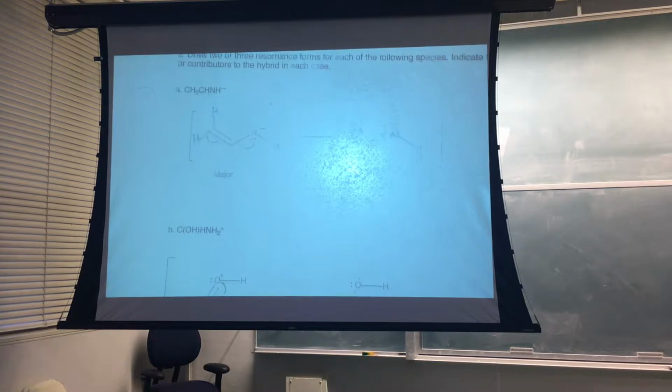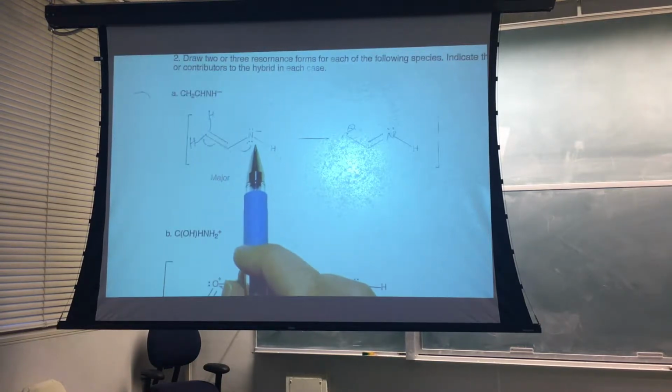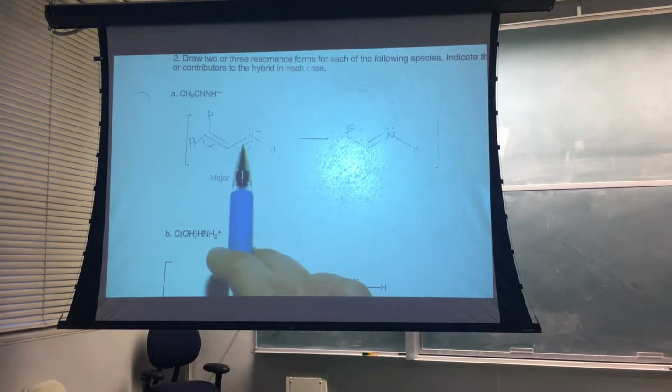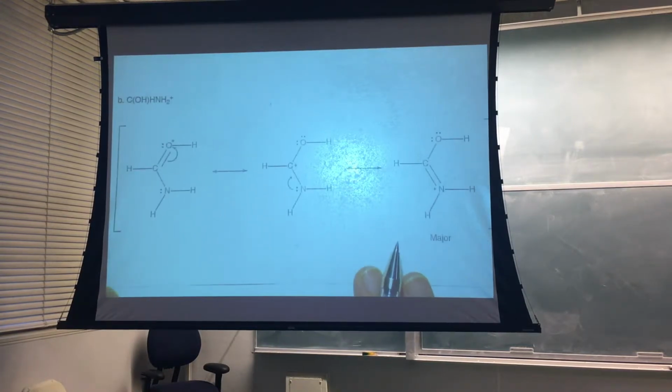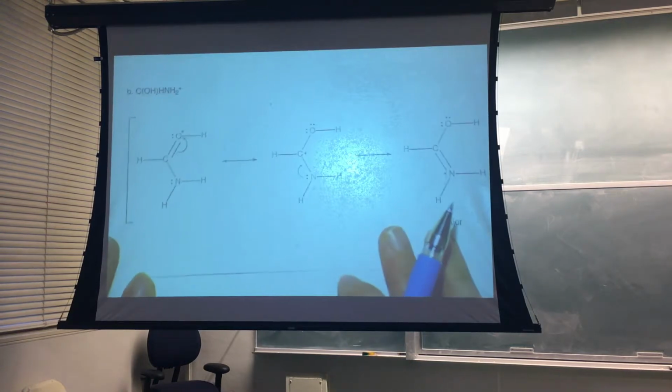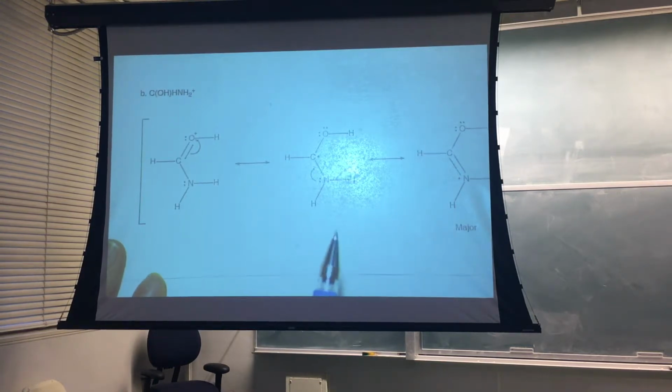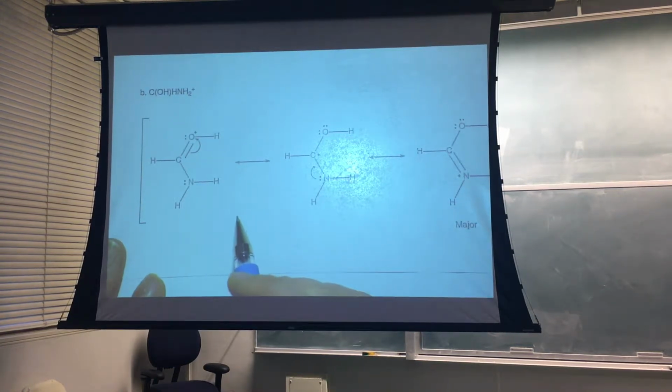This is the major one because nitrogen is more electronegative than carbon. So if there has to be a pair of electrons somewhere, it goes to nitrogen. And this one is a little bit complex, but hopefully it still makes sense to a lot of you.